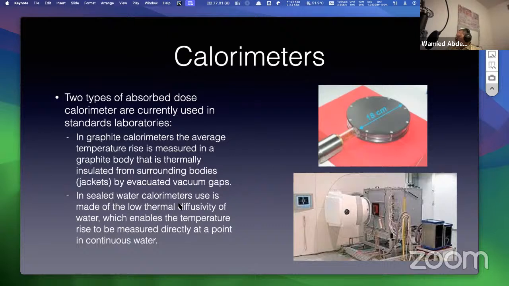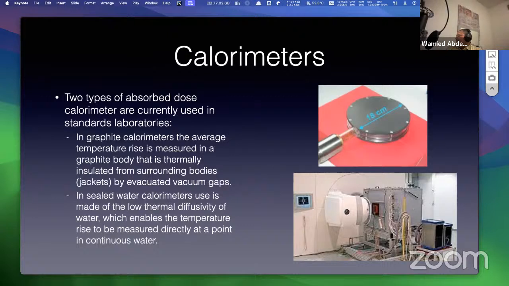If you have a sealed water calorimeter, this makes use of the low thermal diffusion of water, which enables the temperature rise to be measured directly at a point in continuous water. So inside this water phantom, at a point, we have maybe a thermocouple, something that measures the rise of temperature.